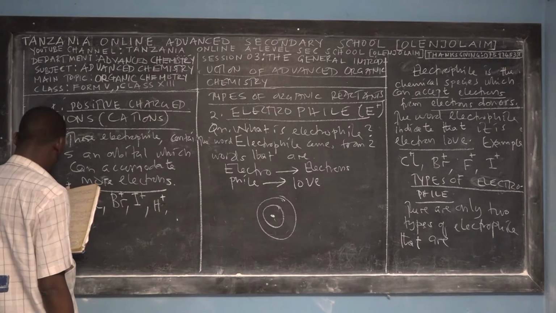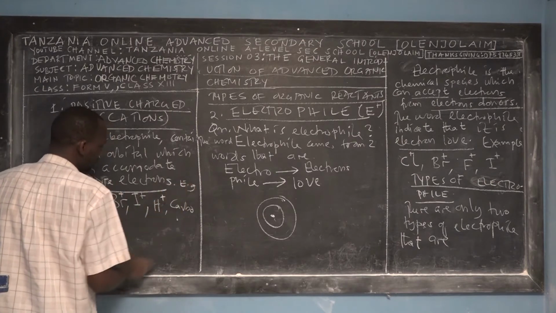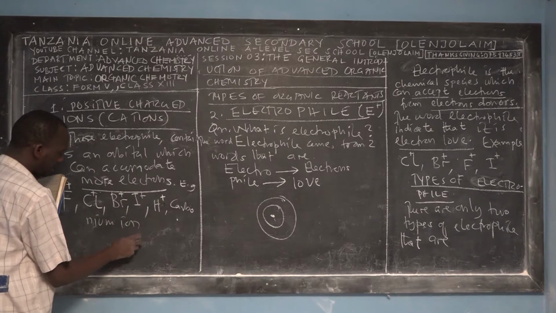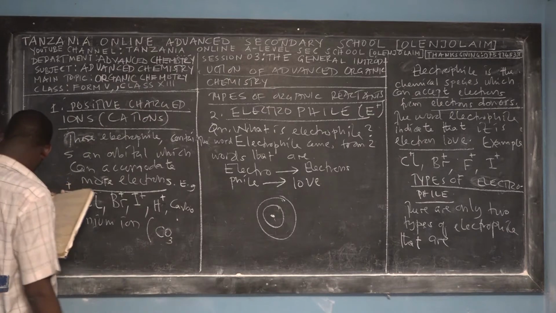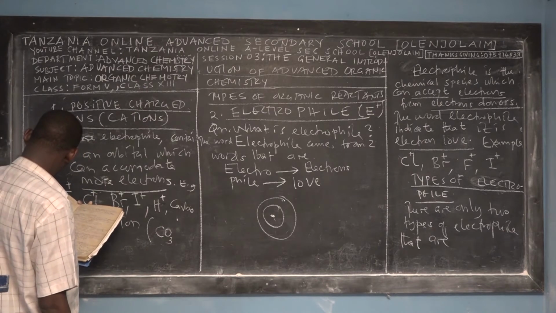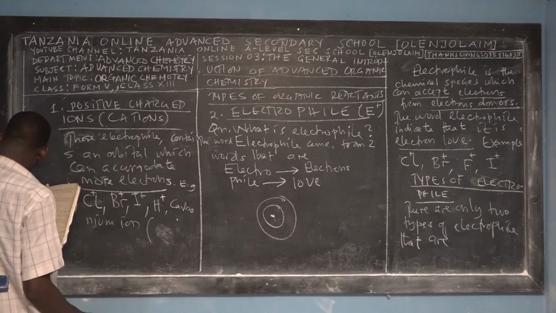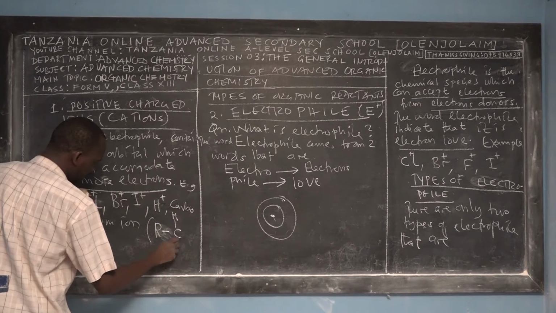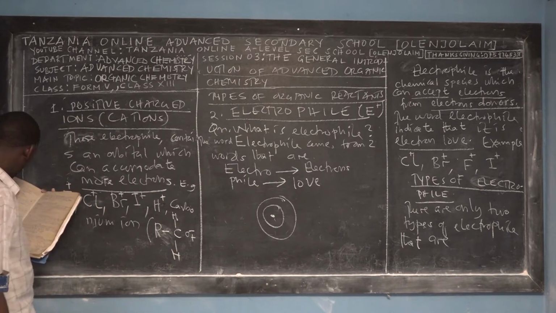We have also the carbonium ion. It is a hydrocarbon group: carbon with hydrogen, hydrogen, and here it is partially positive. We'll show you how we formulate it.